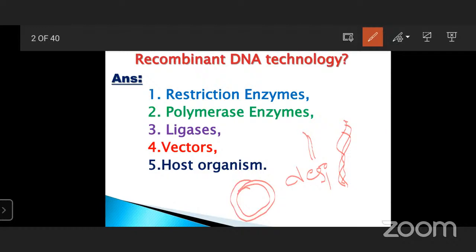In most cases, plasmids are used as vectors, and plasmids are present in bacterial cells. Plasmid is the unique feature of bacterial cells.